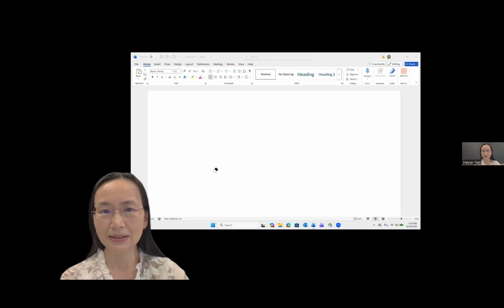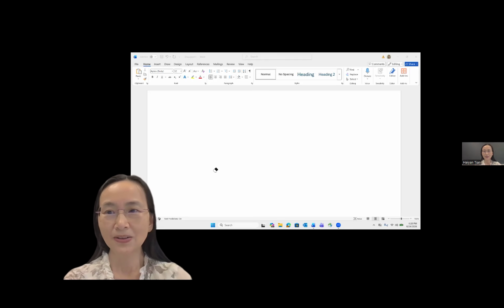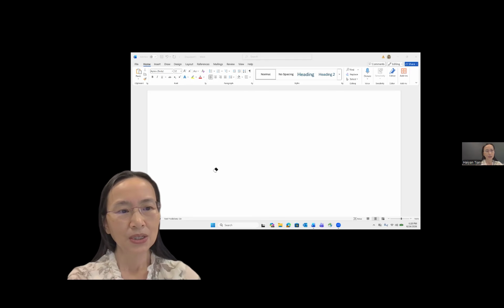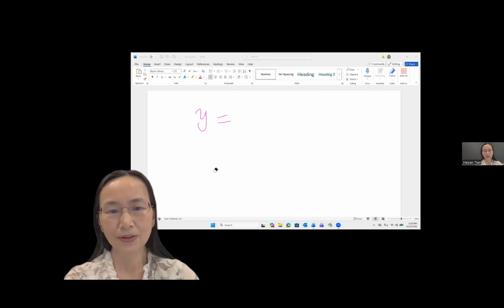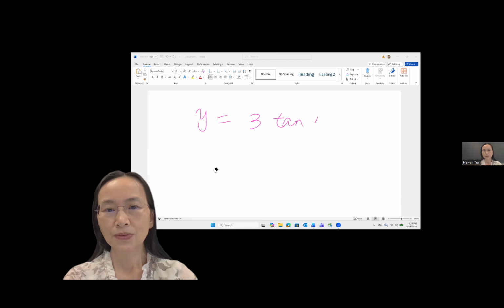But what about the variations of the tangent function? How can we determine the period or phase shift? Let me give you a few functions. Here is a function: 3 tangent 5x.